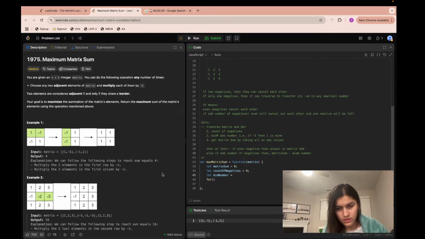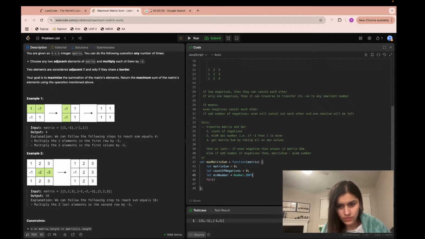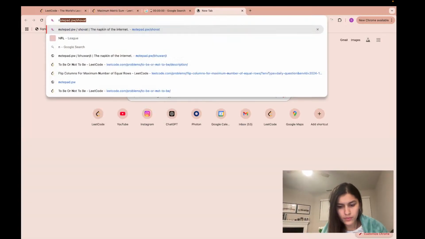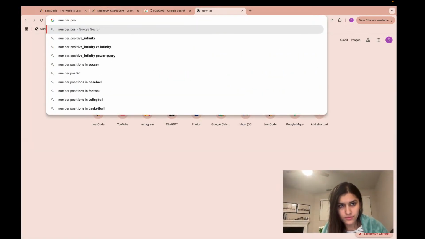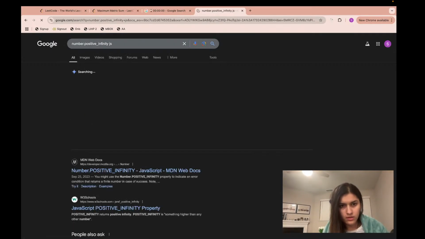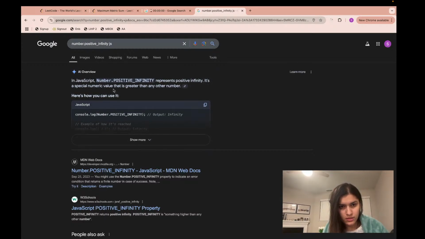So if I want to do Math.min, then it should start at maximum, so Number.POSITIVE_INFINITY. Okay, JavaScript, I can do that.